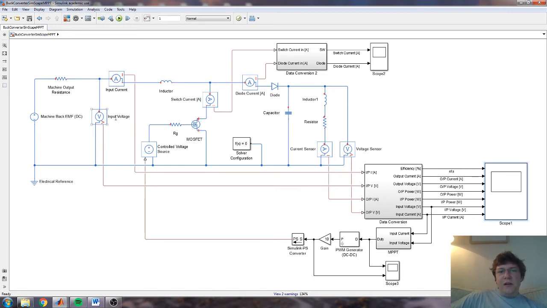But over the course of a couple of cycles, you can come up with an idea as to what that resistance would be. You can't say at every instant in time it's such and such, but you can say an aggregated resistance is this much. And if your MPPT is working, you ought to find that the resistance looking into the input of the converter equals the output resistance of your source, and the resistance looking into the output of the converter equals the impedance of your load.